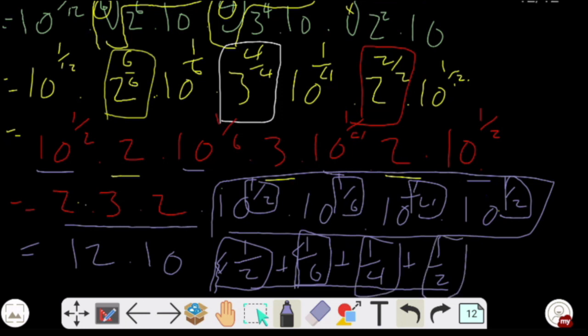This part here, we are going to multiply by 6 over 6, right? So we are going to have a 6 plus a 2, 6 plus 2, 3, 6.